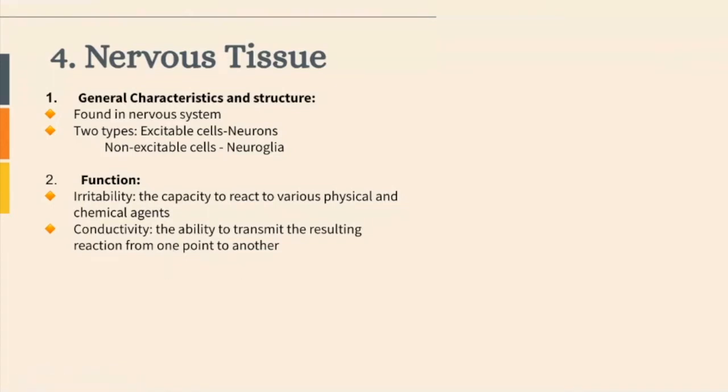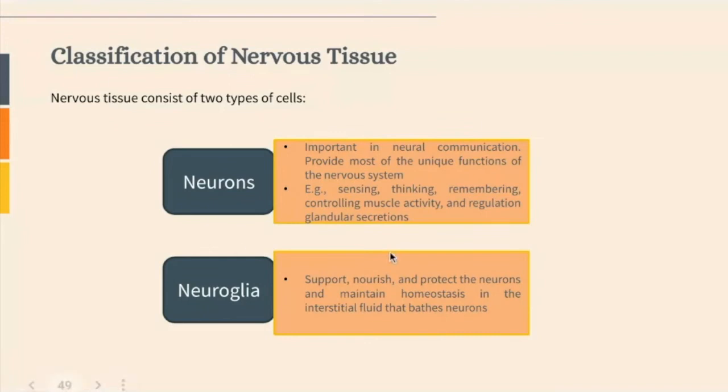This is actually transmission or communication between the neurons. So neurons are important in neural communication, providing the most unique function of the nervous system. For example, sensing, thinking, remembering, controlling muscle activity, and regulating glandular secretion are all facilitated by the action of the neurons, the communication between them.